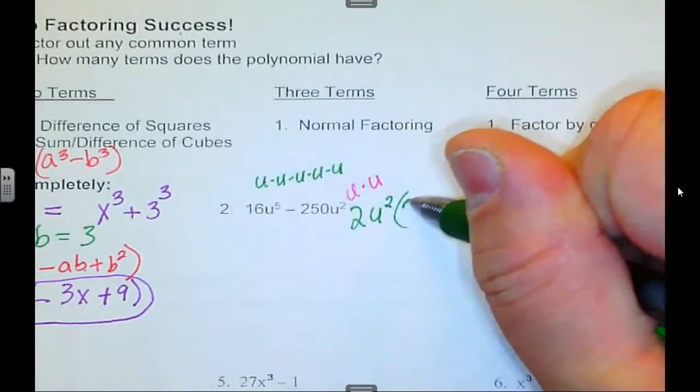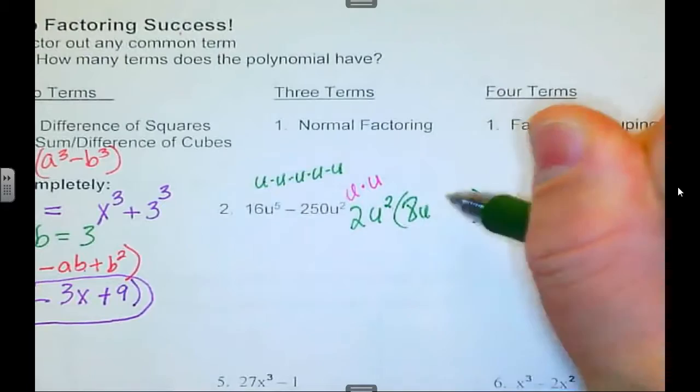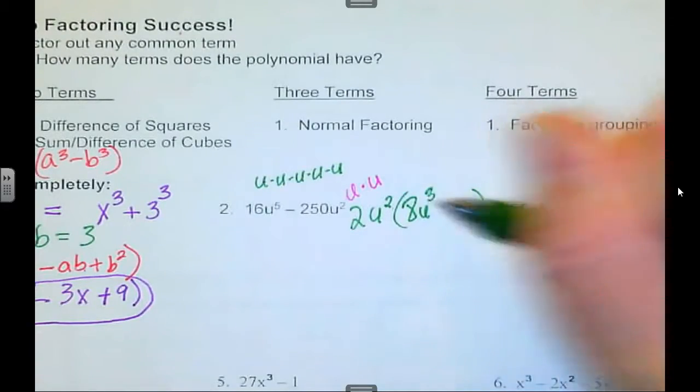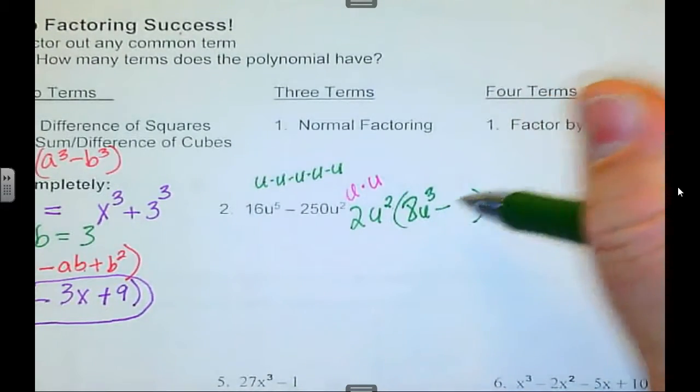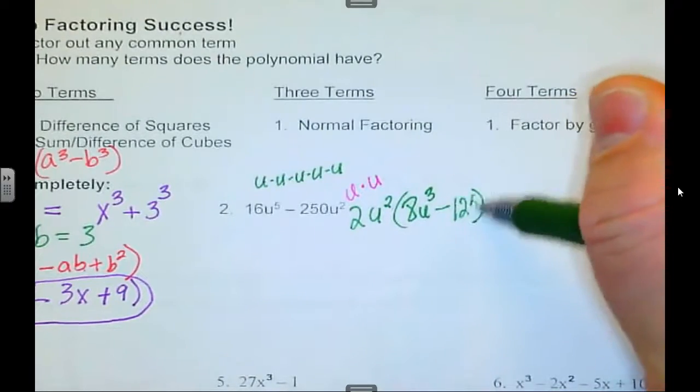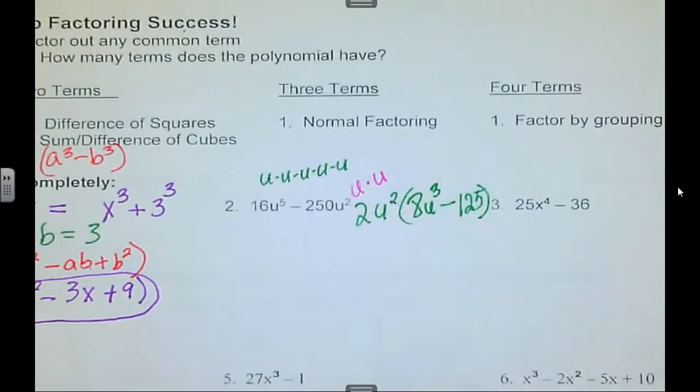It gives me 8u cubed minus 125. Hey, look what I got inside the parentheses. What do I have inside the parentheses? Do you guys know how to do cubes on your calculator?